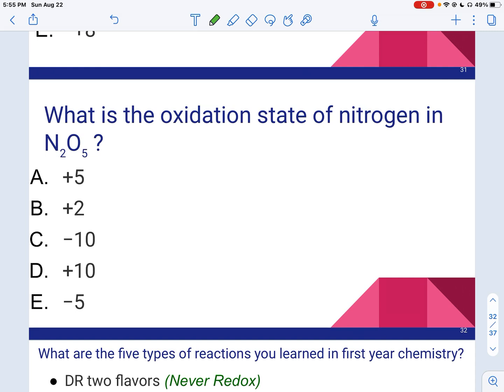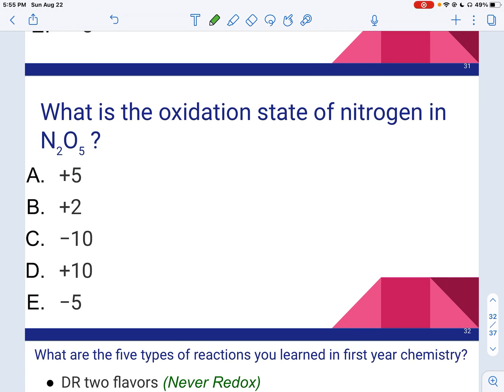So this one, we have oxygen, which we know is -2 times 5 is going to be -10. There's no charge on this molecule, so nitrogen needs to be enough to cancel out that -10. So it needs to be +10. However, we have 2 nitrogens here.